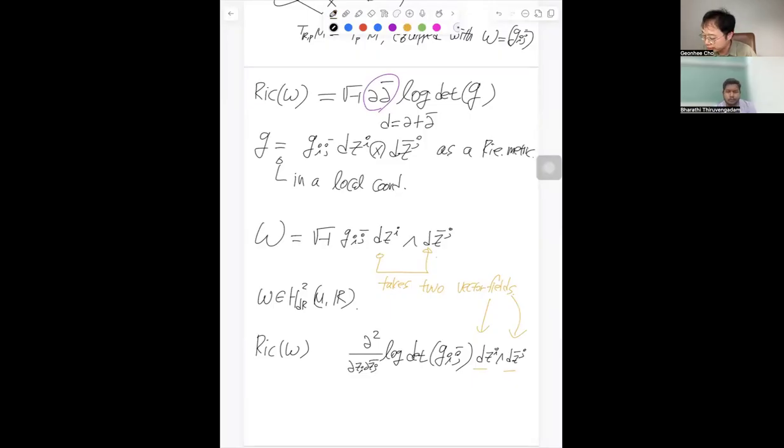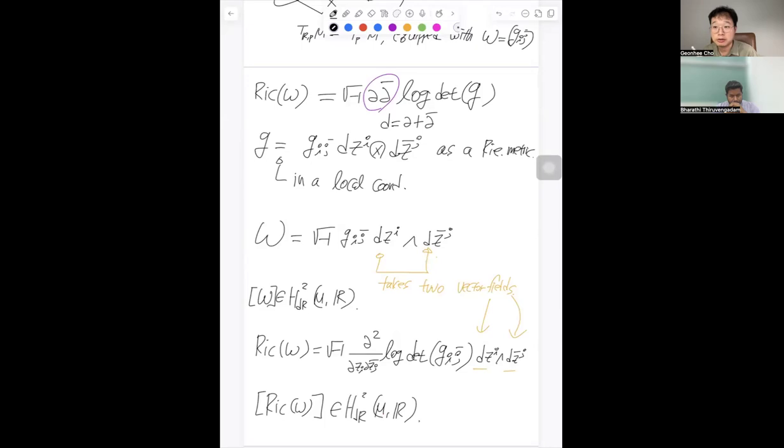And of course, there's an i here to make it a real form, so that it makes sense to also compare with the Kähler metric. I should also write the bracket notation to represent the class in the cohomology, so that this also makes sense. So this also belongs to the second de Rham cohomology class.